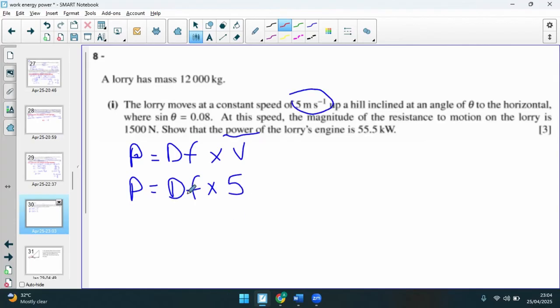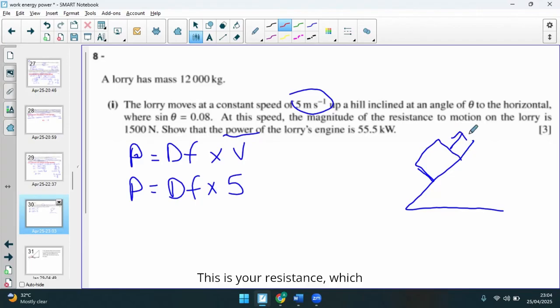So to get our driving force, let's use the diagram. So we've got a lorry here. This is your driving force. This is your resistance, which is 1500. And which weight is left? This is the weight, which is 20,000, right?